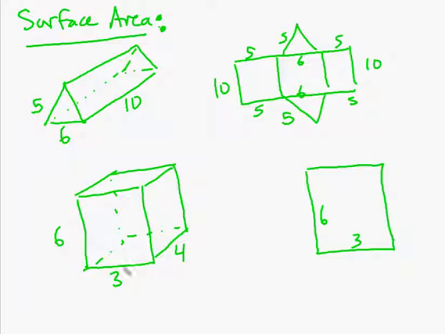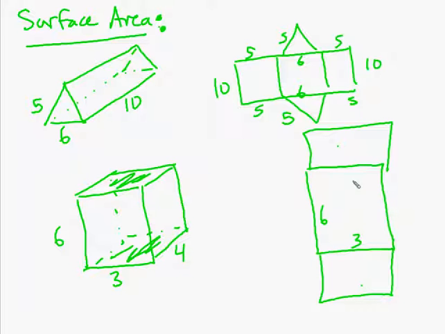And then I might unfold the top and bottom right there. So there's my top. Well, what are the dimensions of that top and bottom? If I'm looking at this and I'm unfolding it, those are right there. It's a 3 by 4. So 3, 4, like that. All right, and then along the 6, I'm going to have another thing.